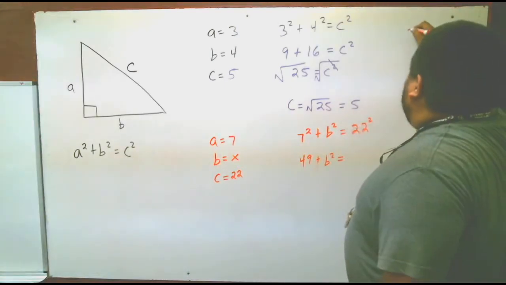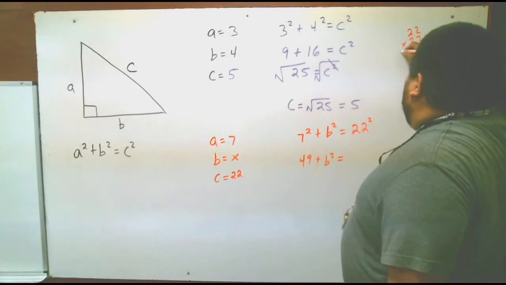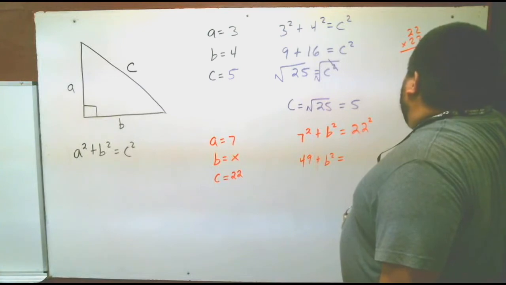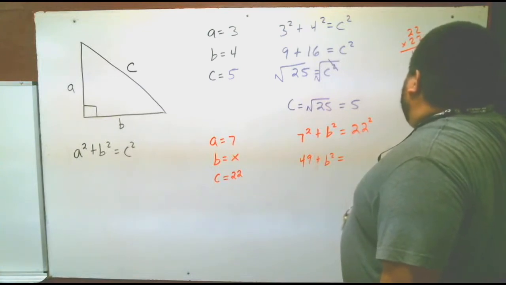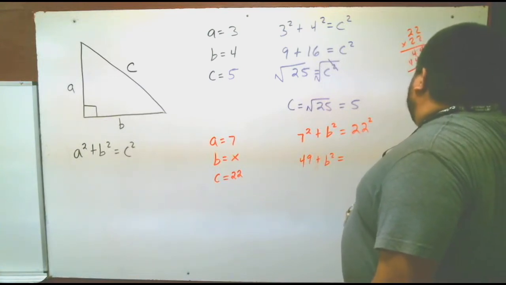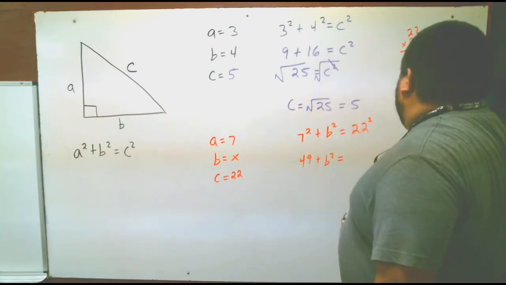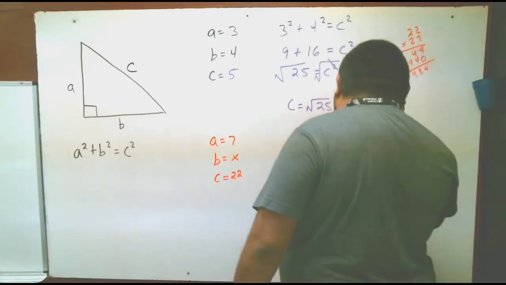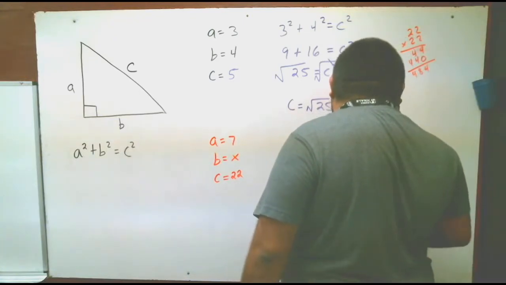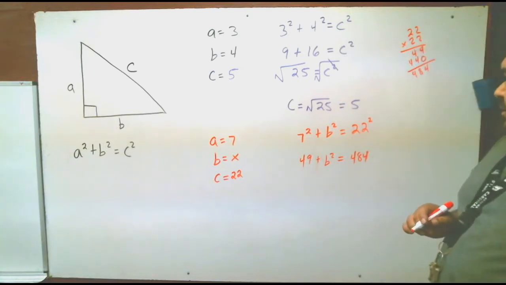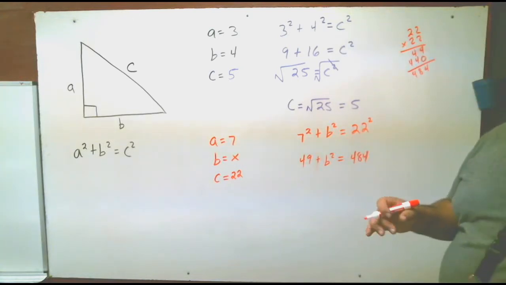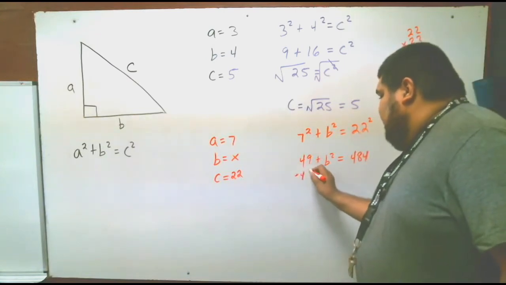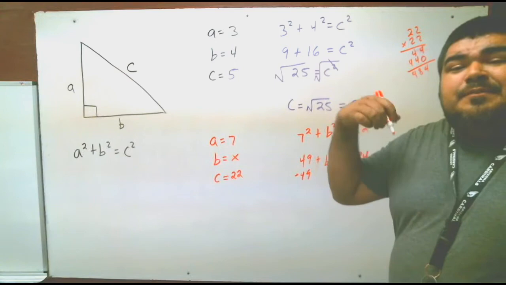Let's do it the old-fashioned way. 22 and 22. 2 times 2 is 4. 2 times 2 is 4. So our answer is 484. Now that we have 484, we're going to subtract the 49, to move it to the other side to leave b alone.